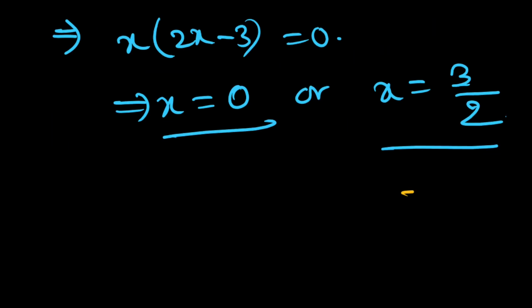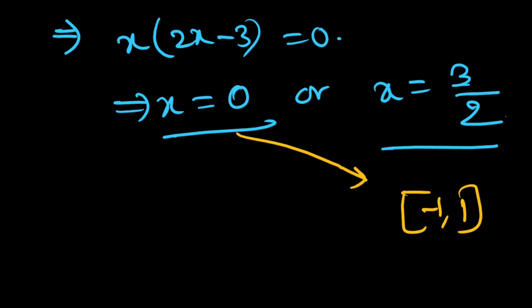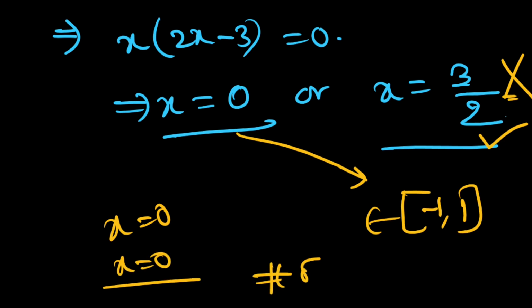So if x belongs to this range, then it will be a solution. 3 by 2, that is 1.5, is outside the range, so x is equal to 3 by 2 is not a solution. It is rejected. Only x is equal to 0 belongs to this range. Therefore x is equal to 0 is the solution, and the number of solutions of this equation is 1.